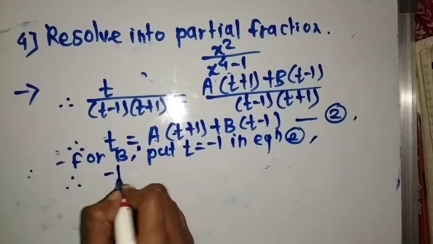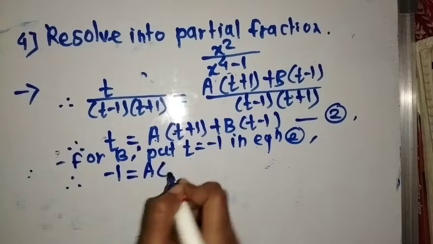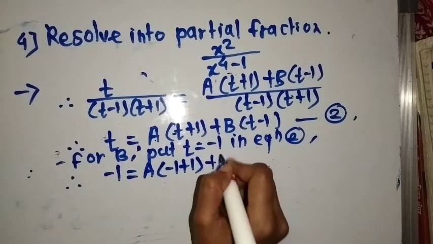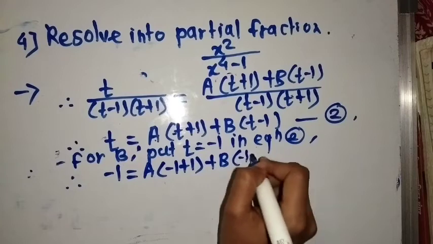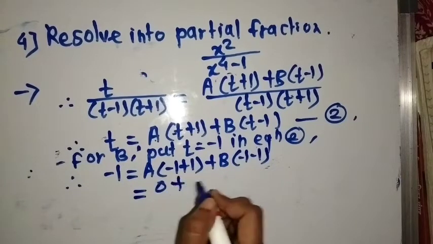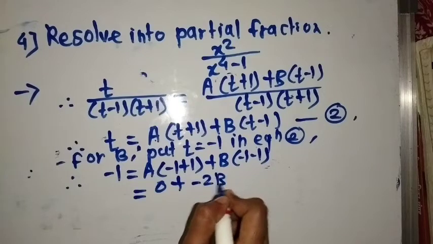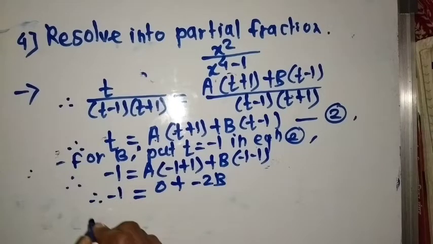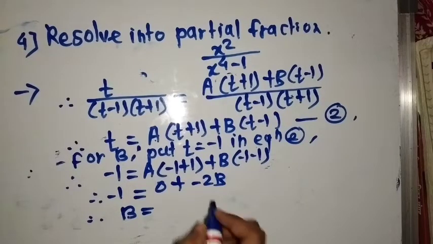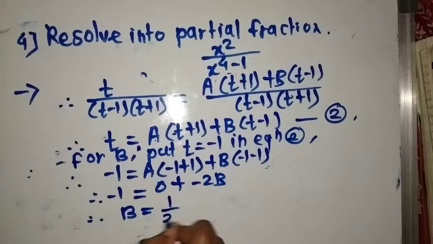Hence we get minus 1 is equal to a into minus 1 plus 1 plus b into minus 1 minus 1. So we get 0 plus minus 2b, is equal to minus 1. Hence we get b is also 1/2.